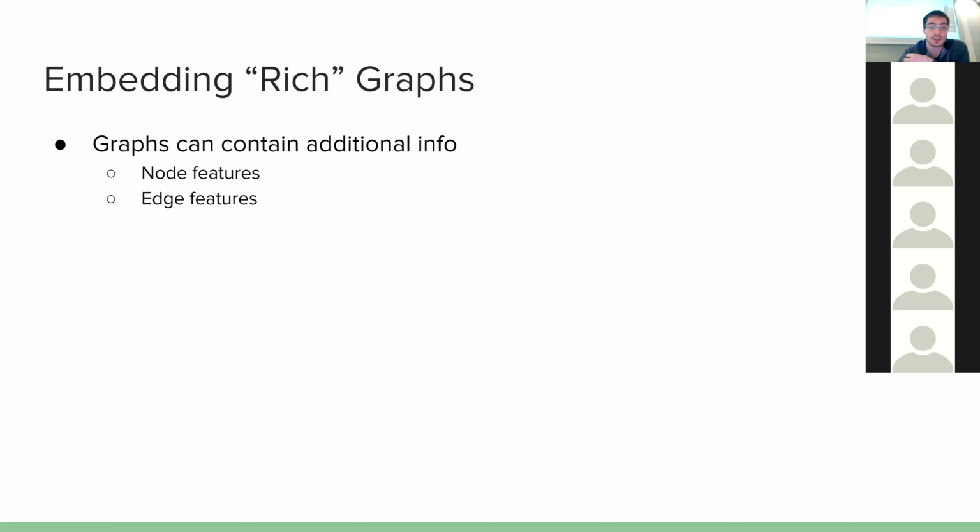Or we can also have graphs that are heterogeneous, which means they have different types of nodes and different types of edges. We can think, for example, of a social graph where we have edges that represent friendships and other edges that represent co-working. These could be represented as different types of edges, or alternatively as edges of the same type, but with some features that explain what type of relationship they encode.